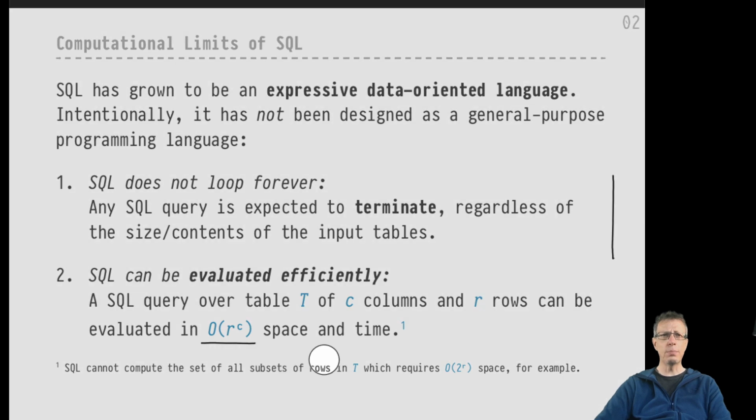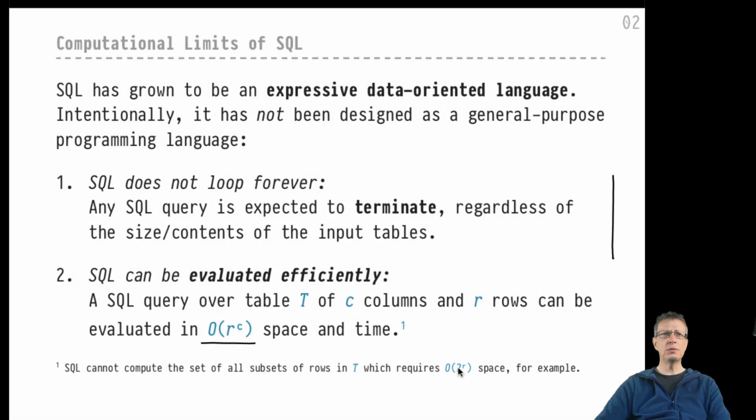So, for example, the computation of all the subsets of rows in a table T would, of course, yield a result that's exponential in the cardinality of T. It would be 2 to the power of R rows that we would have to generate. That's just not possible with the SQL dialect that we have described so far.